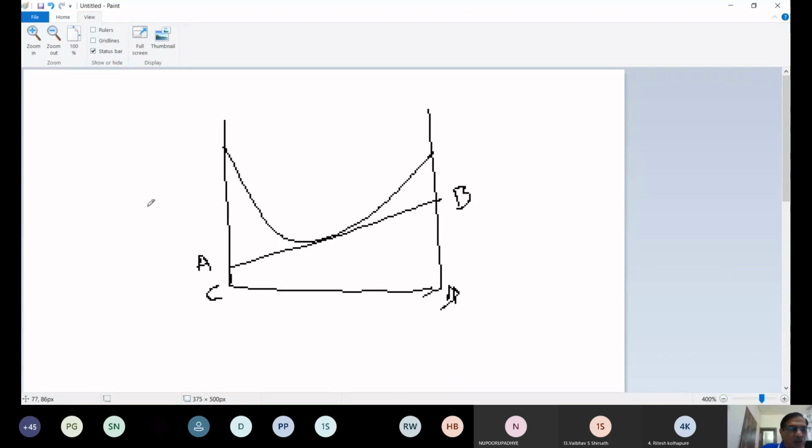So we have this molar volume, not total molar volume, it is molar volume. And this is X2.